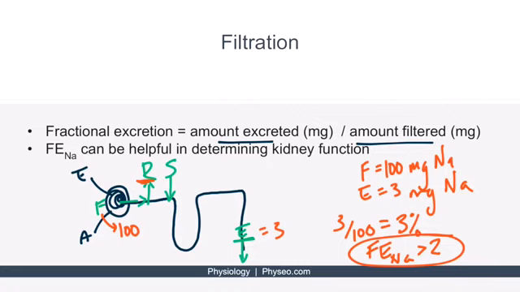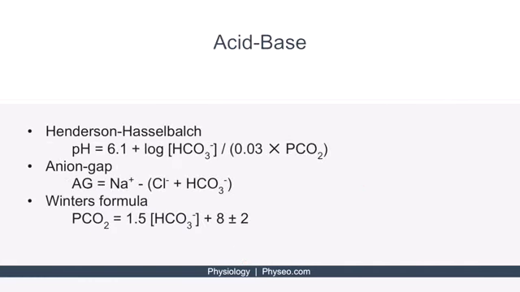In other words, the nephron normally reabsorbs the vast majority of sodium, so if it's being detected in the urine or being excreted, then we need to be concerned that the kidney is damaged and is not performing the normal function of reabsorption. Intrinsic renal failure and post-renal azotemia are specific pathology examples that are definitely more pertinent to pathology than physiology, but the idea of fractional excretion is important, and understanding it conceptually will be helpful when you encounter these topics in pathology. The last part of this section deals with acid-base.